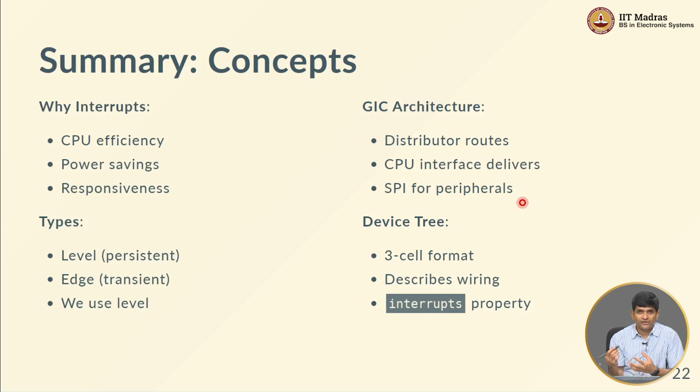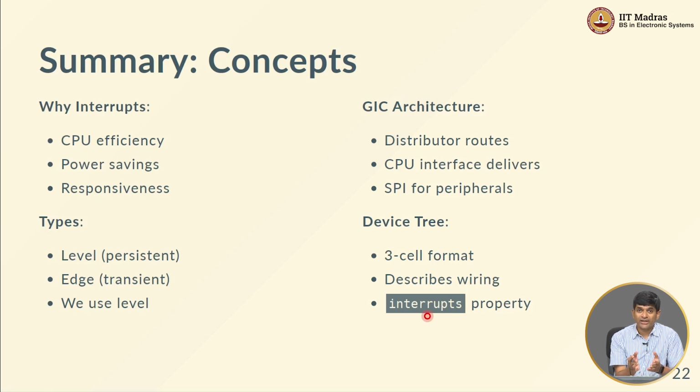In order to get all of this integrated with the Linux OS, we need to provide that information in the device tree. We use a 3-cell format which basically describes the wiring using the interrupts property, right. So we have three things: the first one says whether it's an SPI or a PPI, the type of interrupt.